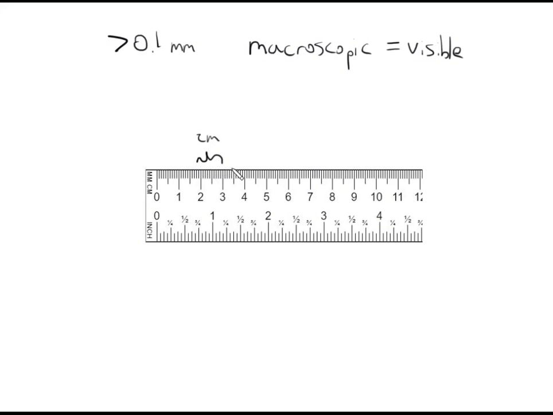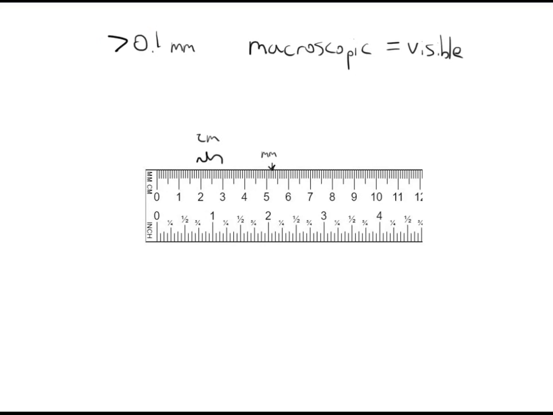And then if you look at these tiny little gradations in between, those are what we refer to as millimeters. And if you divide that little interval up into 10 sections, then you'd be looking at 1/10 of a millimeter. And that's about the lower end of the macroscopic scale.